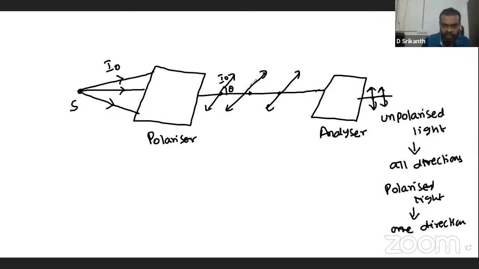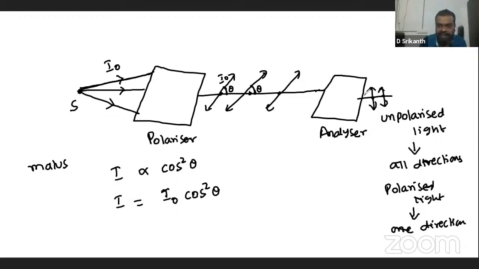With respect to this, Malus explained that the intensity of polarized light is directly proportional to cos square theta, where theta is the angle made by the polarized light with respect to the undeviated ray or the axis, and I naught is the initial intensity. So the intensity of the polarized light is I naught cos square theta.